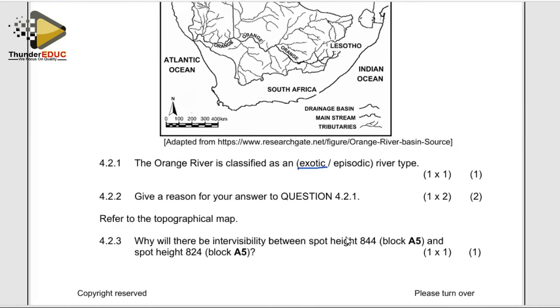If you see a fully flowing river in a desert, the implication is that the river is not starting from a desert. Because we know desert conditions are dry, there is no precipitation, and there is a high rate of evaporation. But you see a fully flowing river through a desert, it means that river is starting from somewhere else. So it's an exotic river.